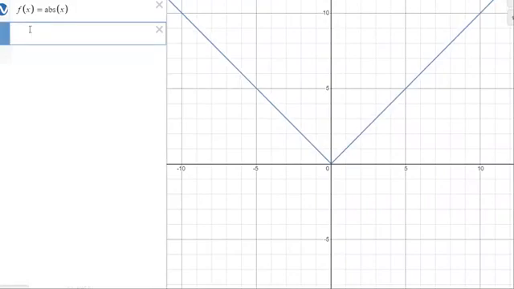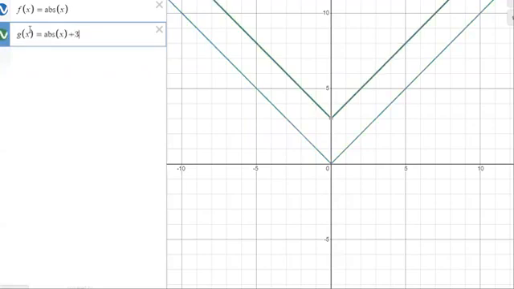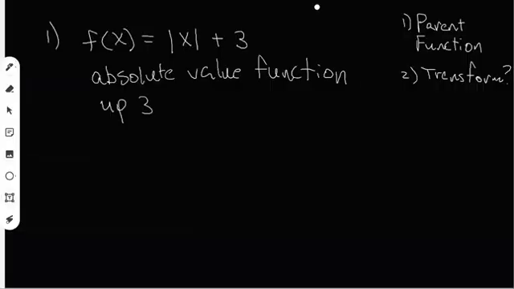Now I want to graph the function that we're given, g of x equals the absolute value of x, but I'm going to add 3 on the outside. Notice what happens. We start off with the blue function, and then we end up at the green function. The only thing that's changed about the function is it's being moved up by 3. So this transformation is going to be up 3. That's the answer.